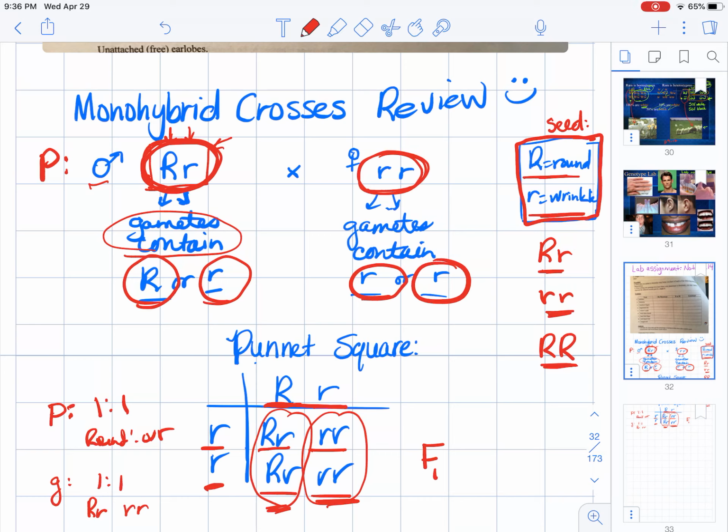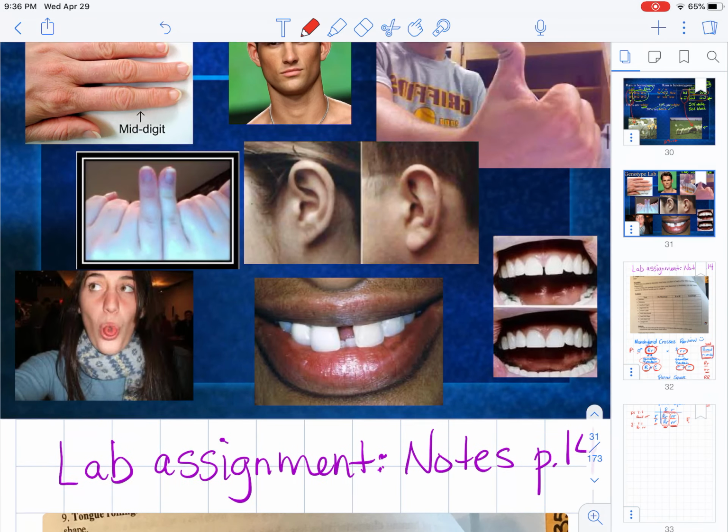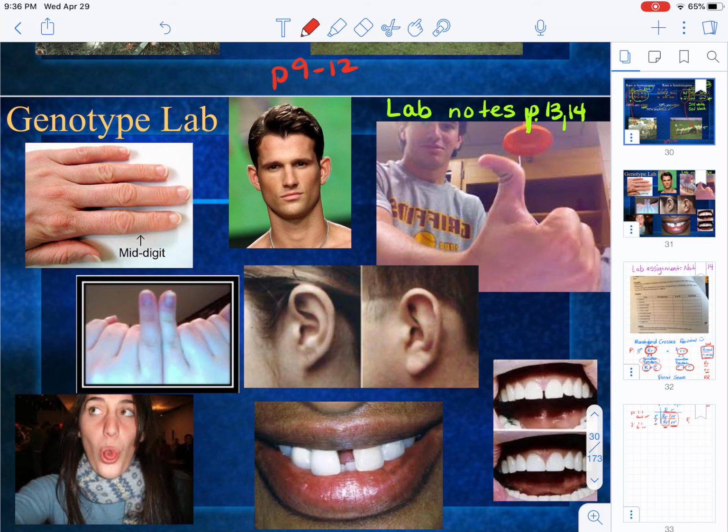Half of them would be big R, little r, and half of them would be homozygous little r, which would be wrinkled. So in this case, because physically we've got half and half, round to wrinkled, and genotypes half and half, these ratios end up being the same for these offspring. So that was a little review on monohybrid crosses.